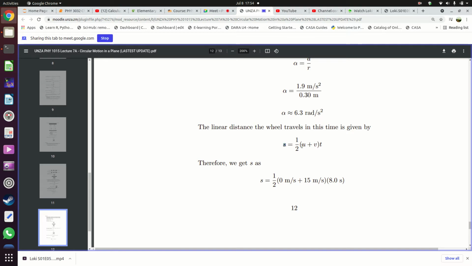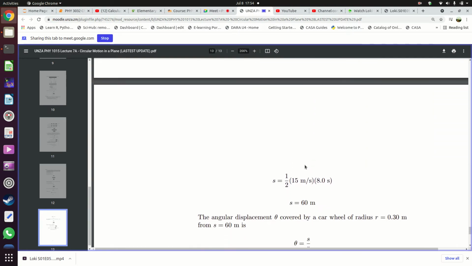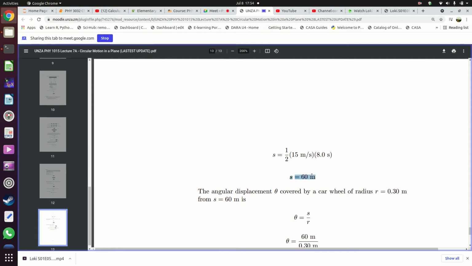So s is equal to half u plus v multiplied by t. The u is 0 meters per second, the v is 15 meters per second, multiplied by the time, which is 8 seconds. In this case, it gives me a linear displacement which is equal to 60 meters. So basically, during this particular time, this car covers a distance of 60 meters.